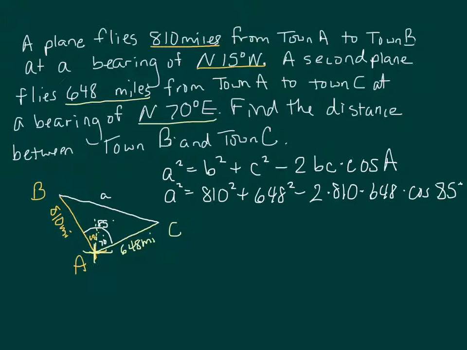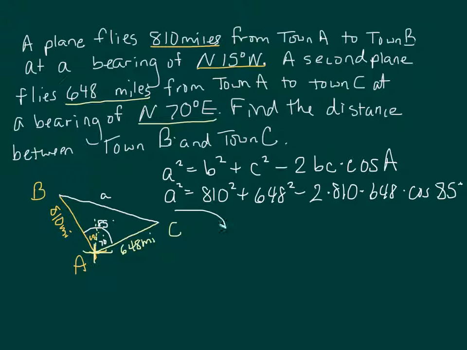I'd like you to practice plugging it into your calculator from the 810 all the way to the cosine of 85 degrees. Don't do this in pieces. Any scientific calculator will do this from the left-hand side all the way to the right-hand side of the equation.